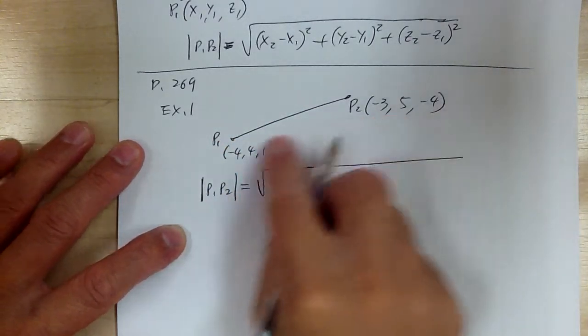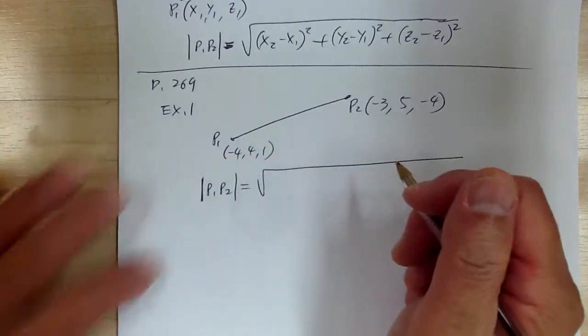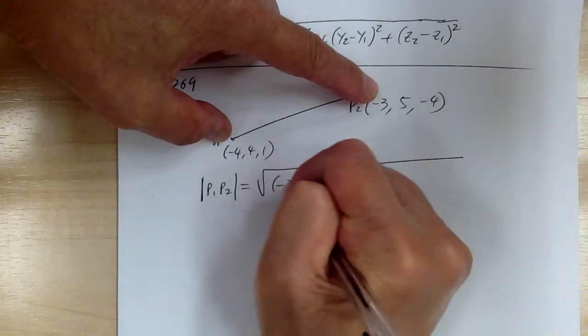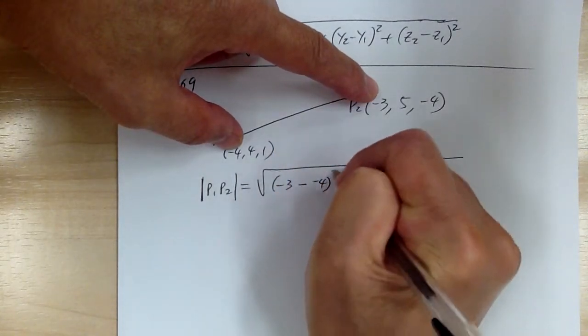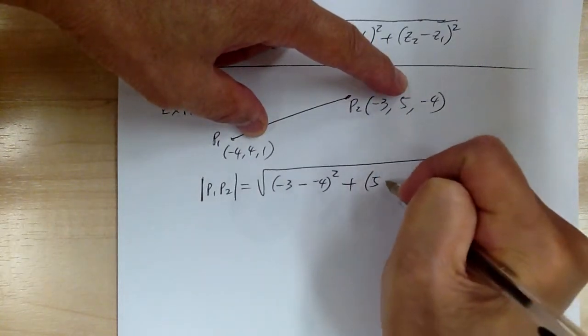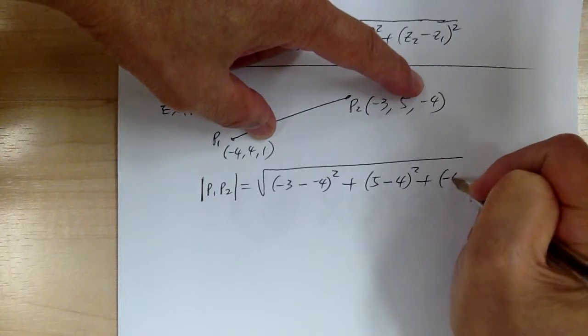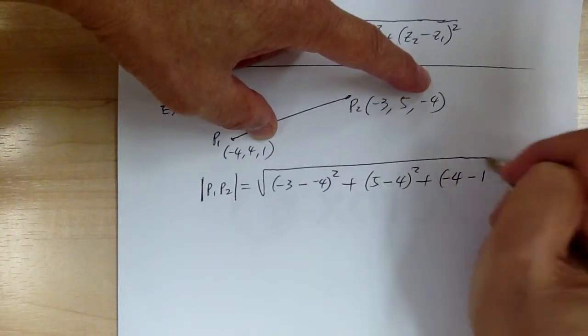So all you have to do is figure out, usually A squared plus B squared plus C squared equals the length, right? So you're going to get negative 3 minus negative 4 squared, that's the x, right? Plus the y2 minus y1 squared plus z2 minus z1 squared.